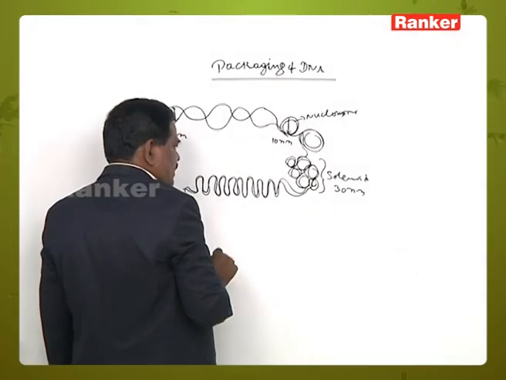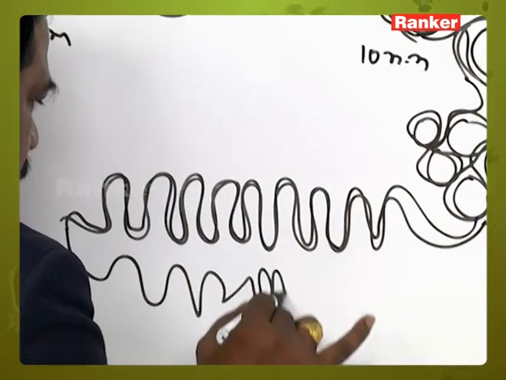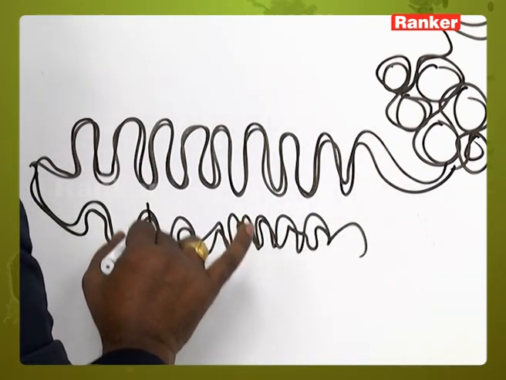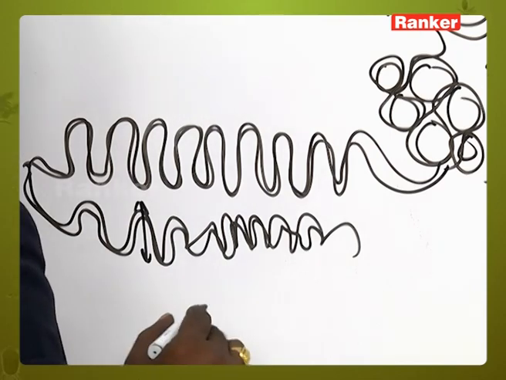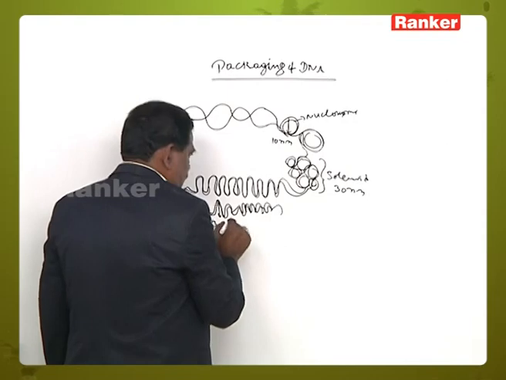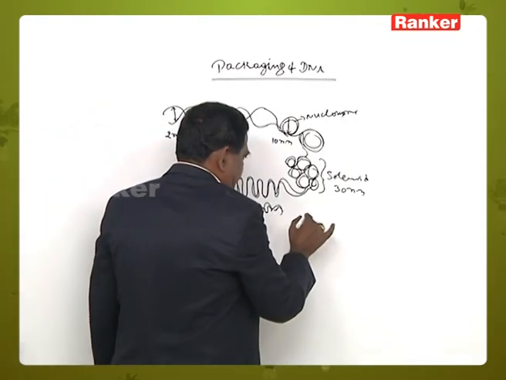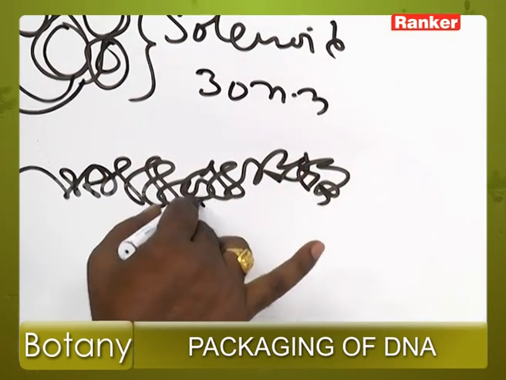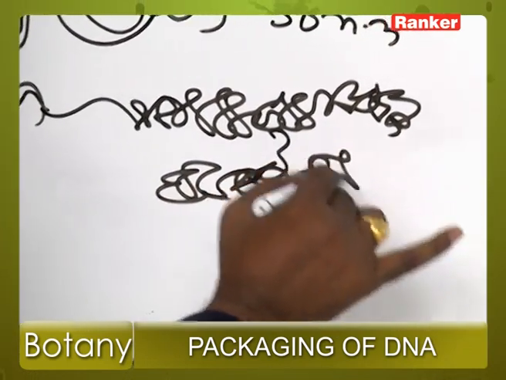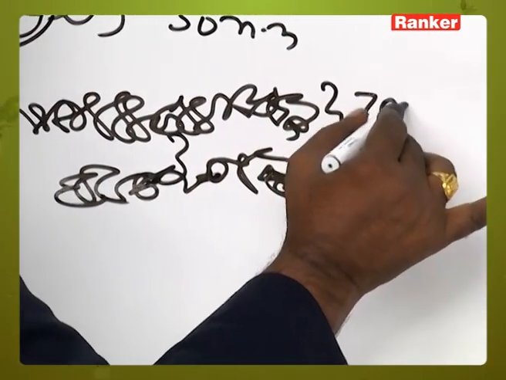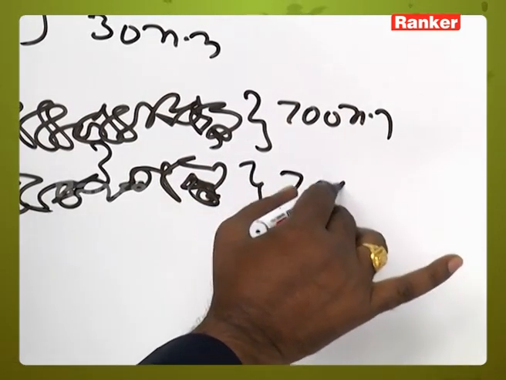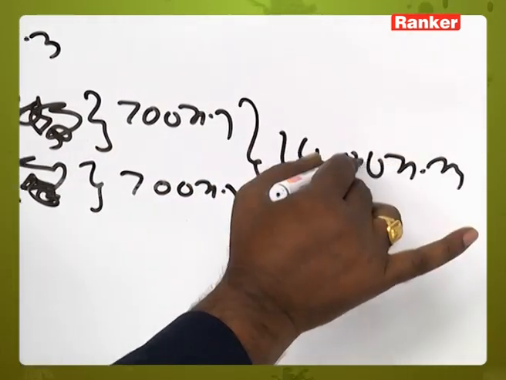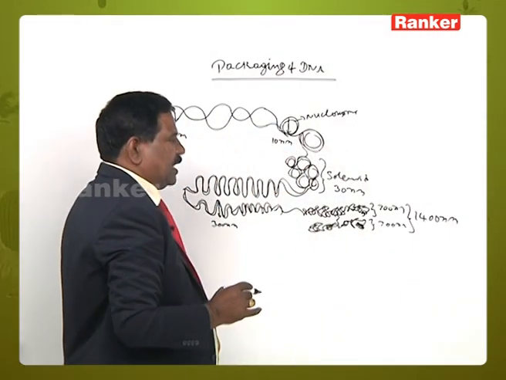Again it condenses into chromatin fibers. The diameter of this chromatin fiber is 300 nanometers, and it is adjusted in one chromatid, which is 700 nanometers, and a complete chromosome is 1400 nanometers in diameter.